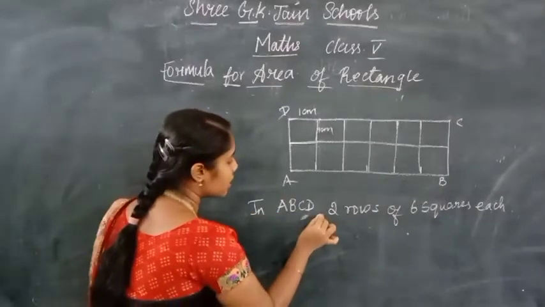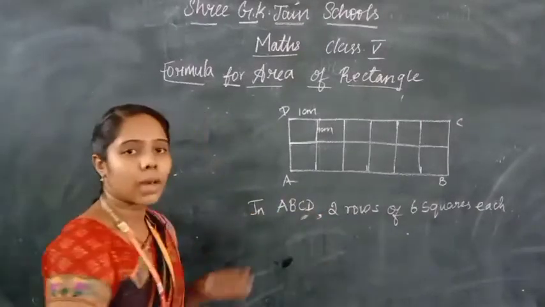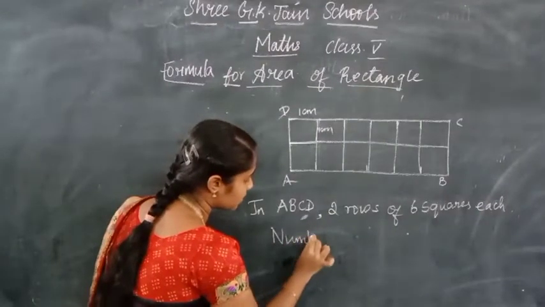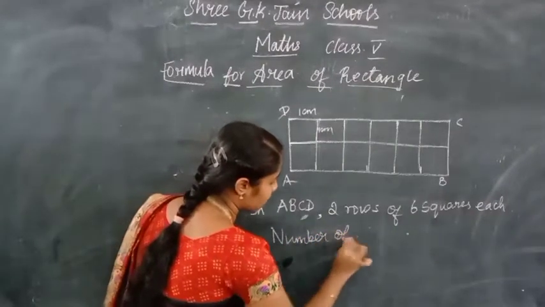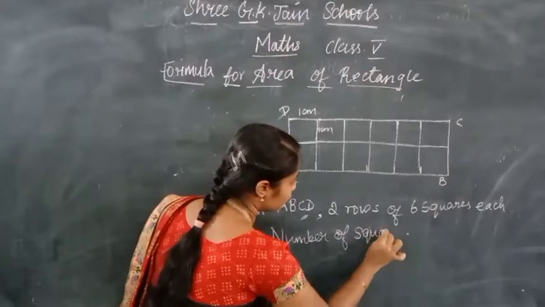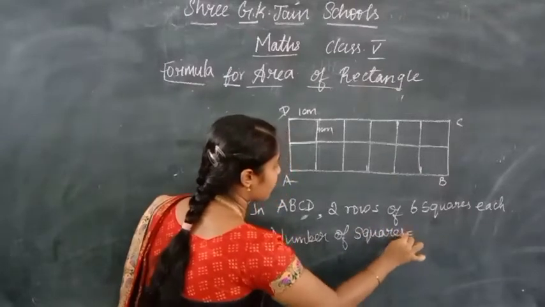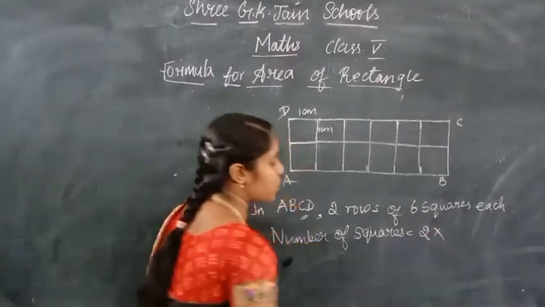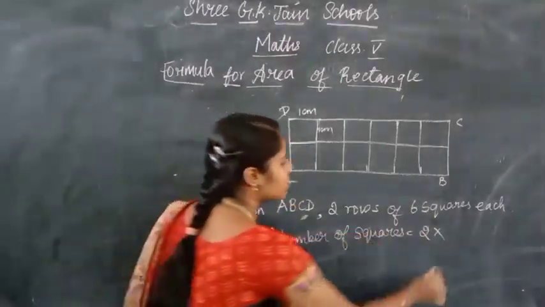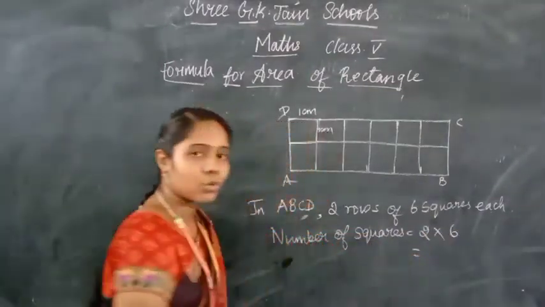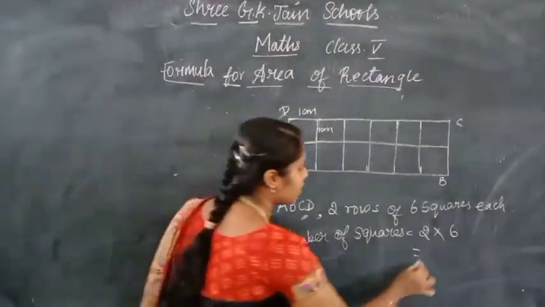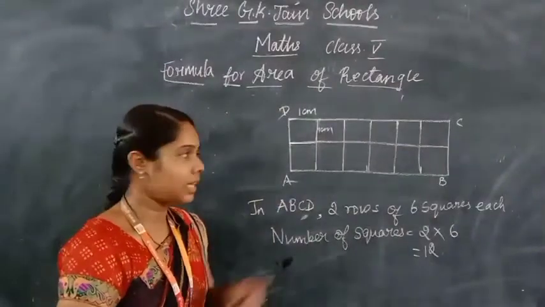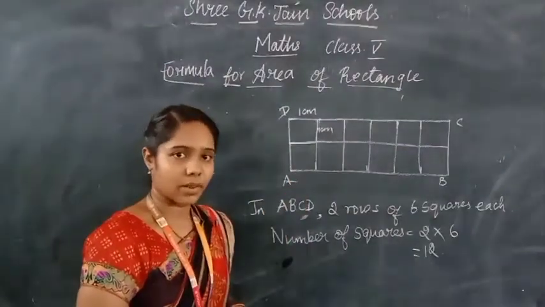So what will be the number of squares? Number of squares is equal to how many rows we have? We have 2 rows, and how many squares in each row? 6. So 2 sixes are 12. So we have 12 squares in total, right?